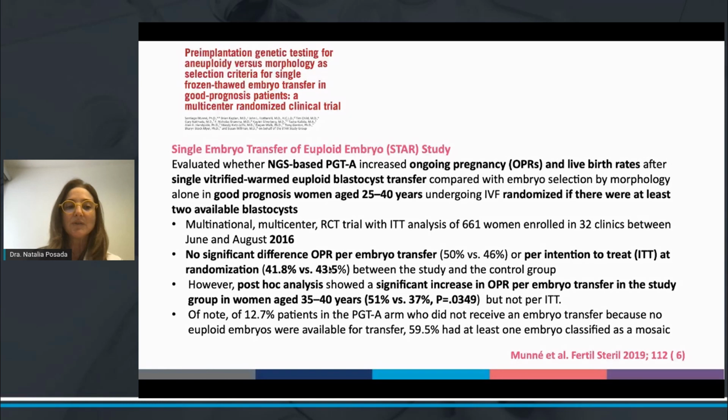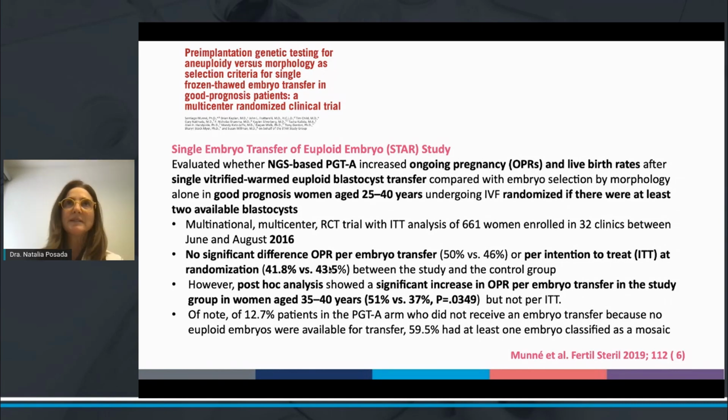Again, there was no difference in the intention to treat analysis, but different to the previous studies, there was also no difference in the ongoing pregnancy rates per embryo transfer, which was 50 versus 46%, both of them very high percentages, or per, as I said, intention to treat analysis at randomization, 41 versus 43%.